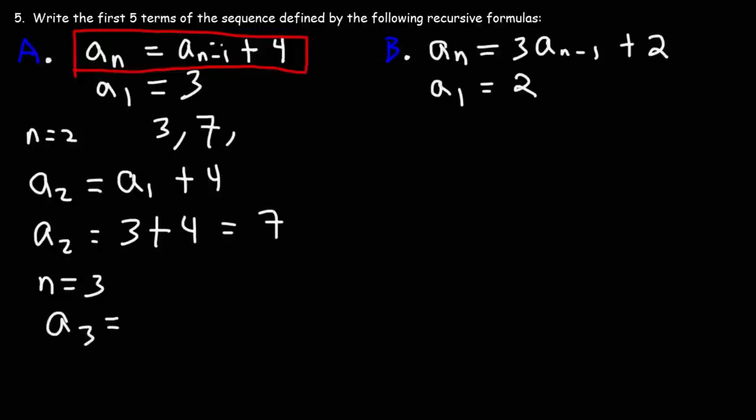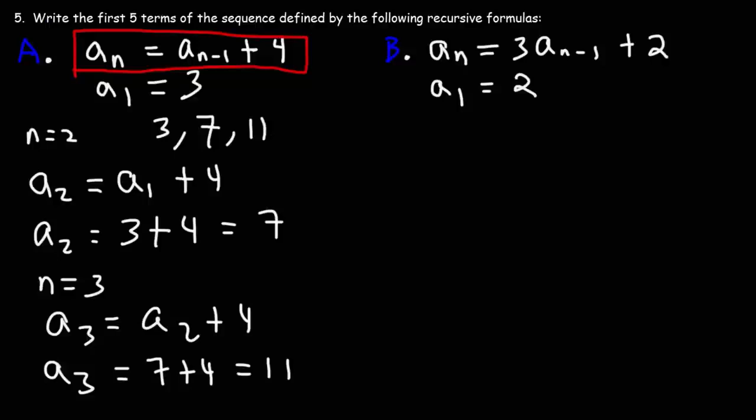The next one, this becomes a sub 3 minus 1, or a sub 2, plus 4. So this is 7 plus 4, which is 11. At this point, we can see that we have an arithmetic sequence with a common difference of 4. So to get the next 2 terms, we could just add 4. It's going to be 15 and 19.